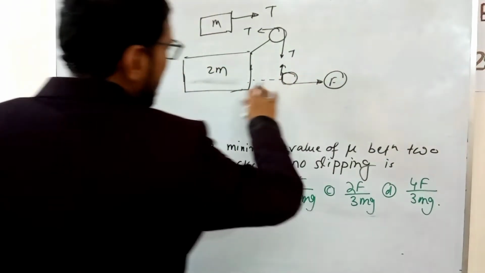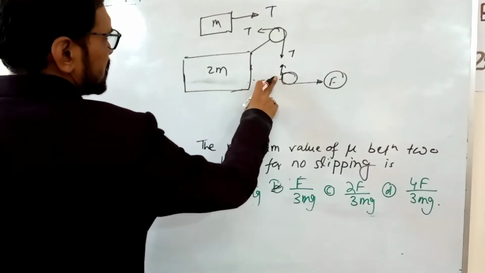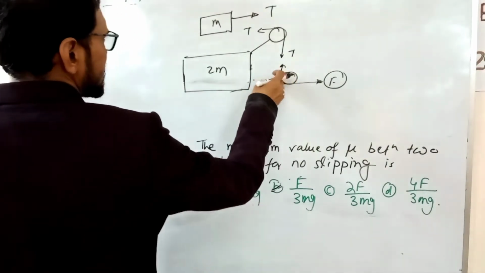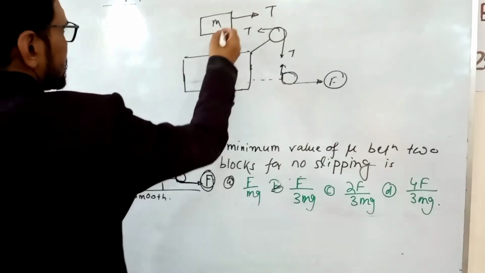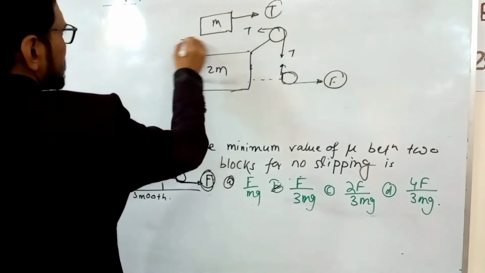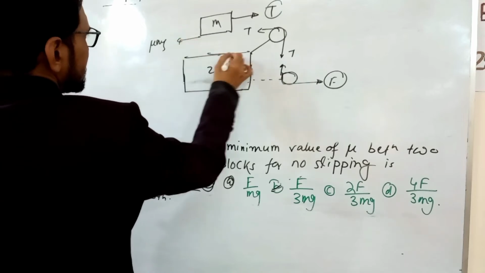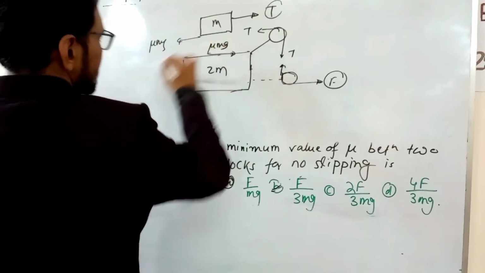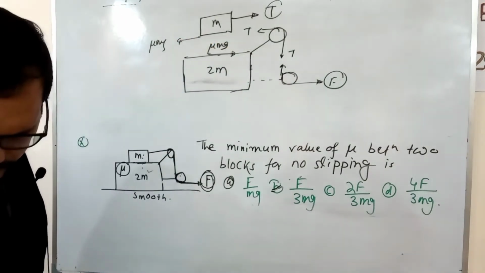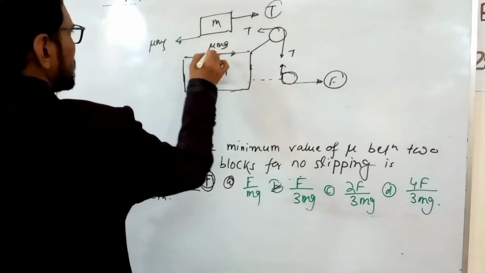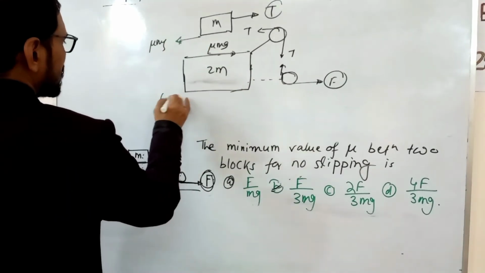When the external force F acts on the system, the force is transmitted in this way. Now the friction force acts in this direction first. So this is action, this is reaction, mu mg. Here the friction force equals 0.